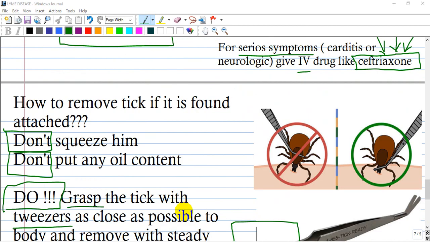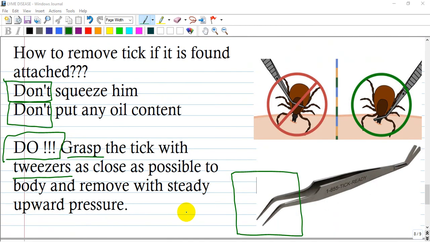And the last thing to know is how to remove a tick if it is found attached. Mostly people do not even feel that attachment or bite, and may not detect it for many days. Don't squeeze, don't push, and don't pull this tick.